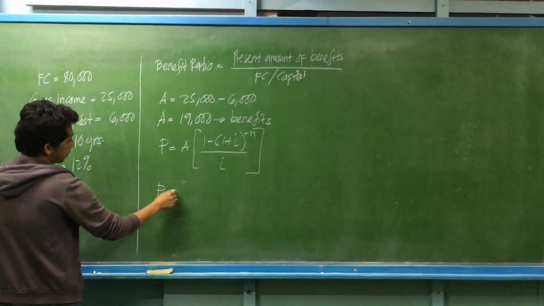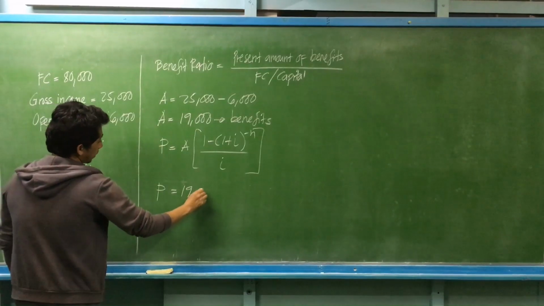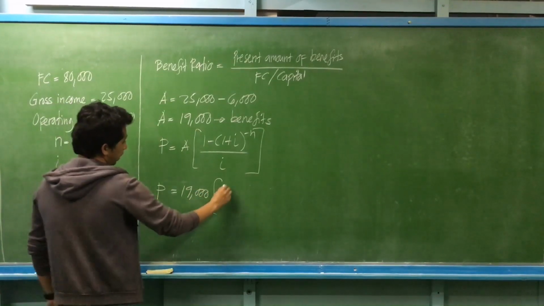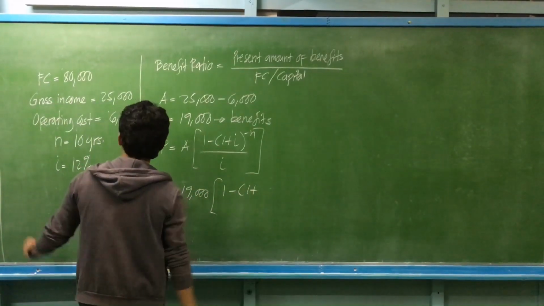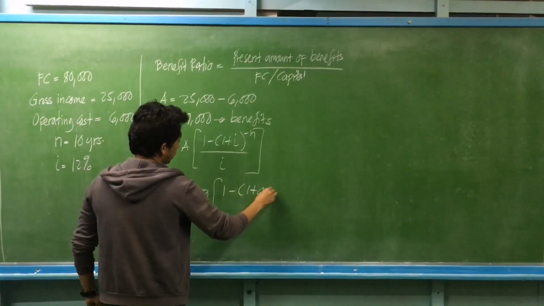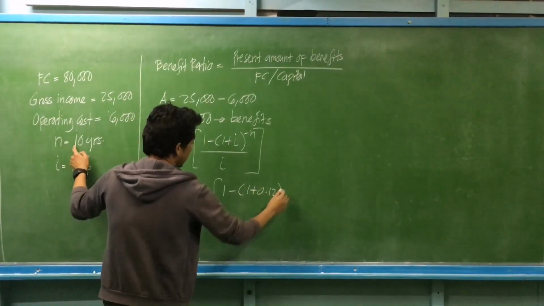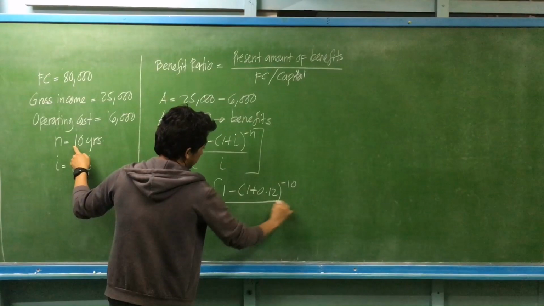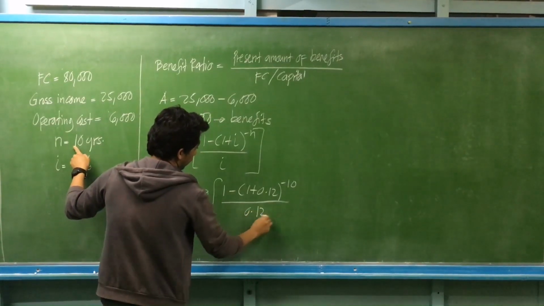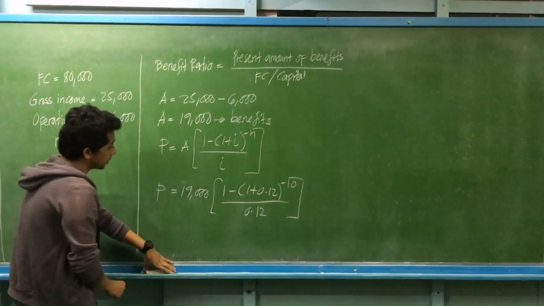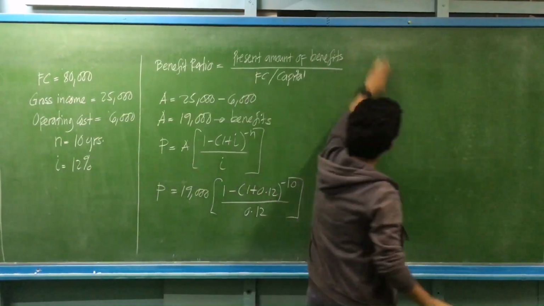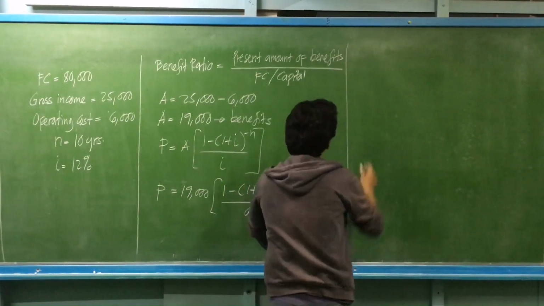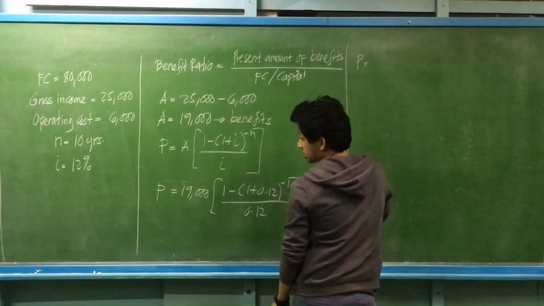So, we have present amount is equal to 19,000 multiplied by 1 minus 1 plus. Ano yung given na rate? We have 0.12. This is good for 10 years, negative 10, divided by 0.12. So, kunin natin, what will be the value of the present amount of the benefits?